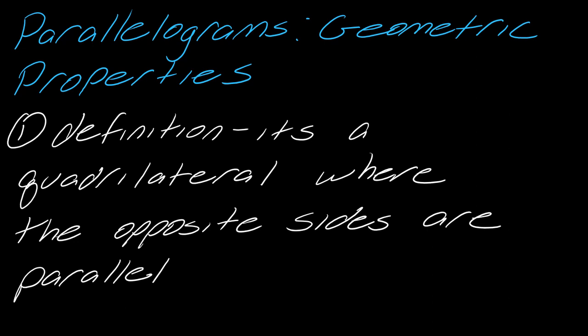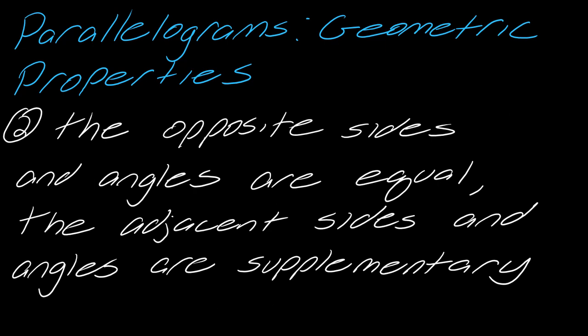First of all, if you forgot what a parallelogram is, here is the definition. It's a quadrilateral where the opposite sides are parallel, right? Because in math, sometimes we aren't the most creative. The opposite sides and angles are equal, and the adjacent sides and angles are supplementary. This is actually pretty important when you're working with vectors and trying to figure things out.